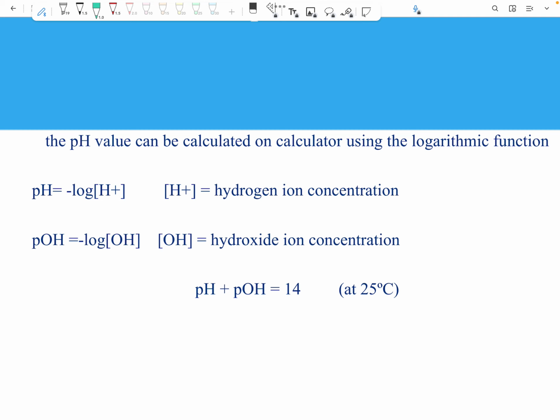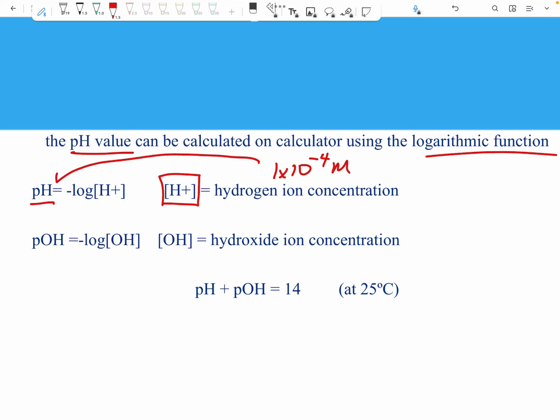Now, we do calculate pH value on a calculator using the logarithmic function, the log button. So if you have a hydrogen ion concentration and you want to find out what the pH of that is going to be, you're going to take the negative log of that hydrogen ion concentration. That's an easy thing to do. For example, let's say you had a hydrogen ion concentration of 1 times 10 to the minus 4 molar, and you wanted to find a pH for that.